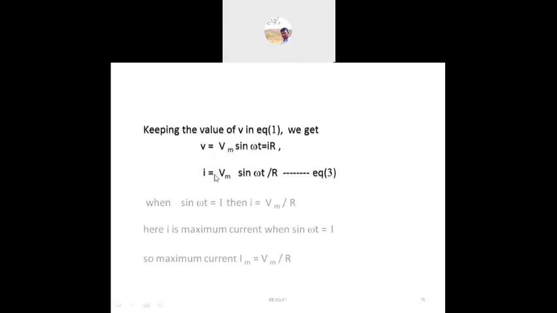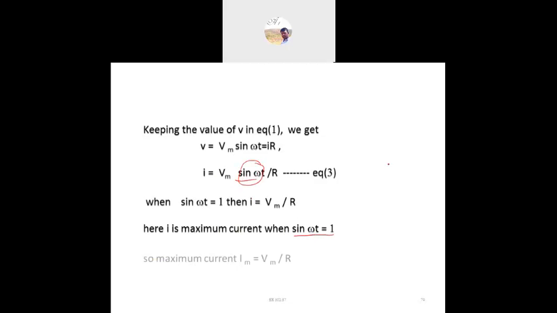And I is equal to Vm sin omega t by R. Then from that we get Vm by R when sin omega t is equal to 1. So here I is the maximum current when sin omega t is 1, it will be Vm by R.